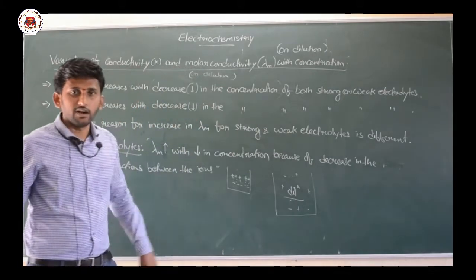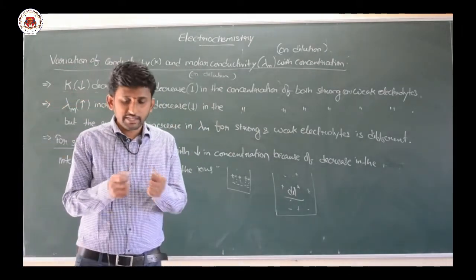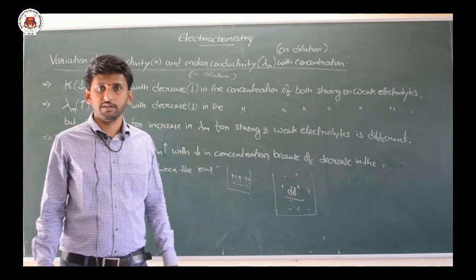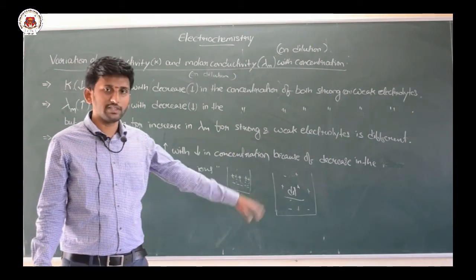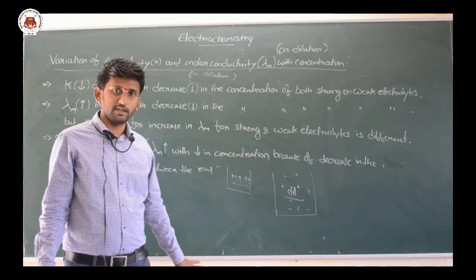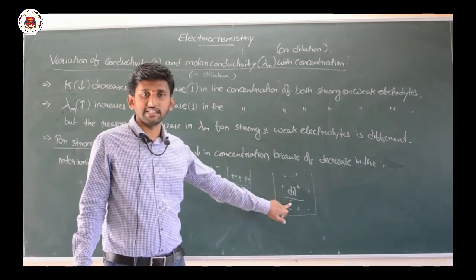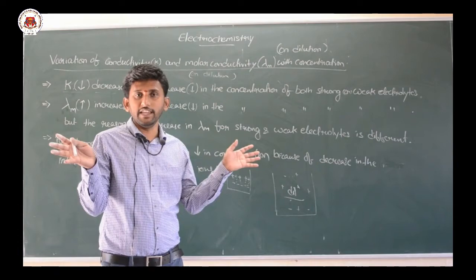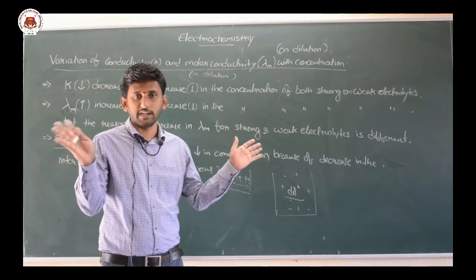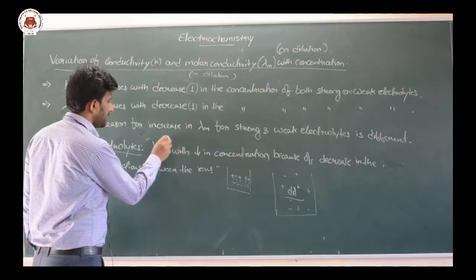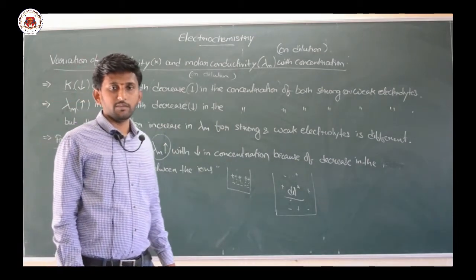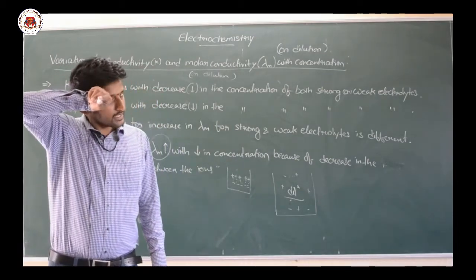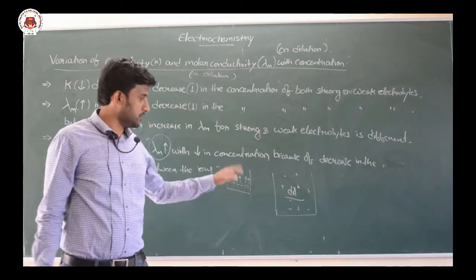That means on dilution what is happening? Distance between ions increasing. If distance between the ions increases, attraction between the ions decreases. Once the attraction decreases, ions move freely or they can conduct more current. That's why lambda m increases. Lambda m, molar conductivity, increases with dilution.